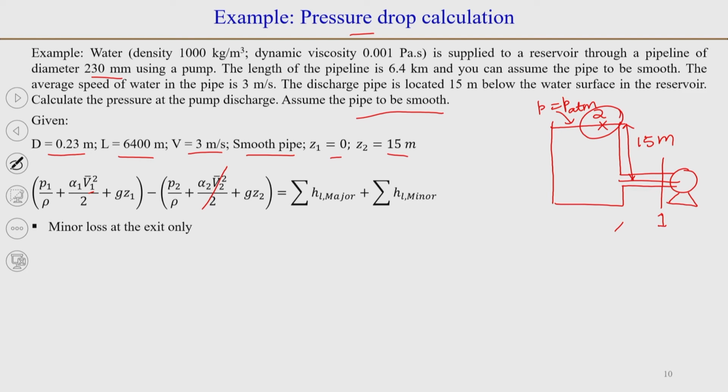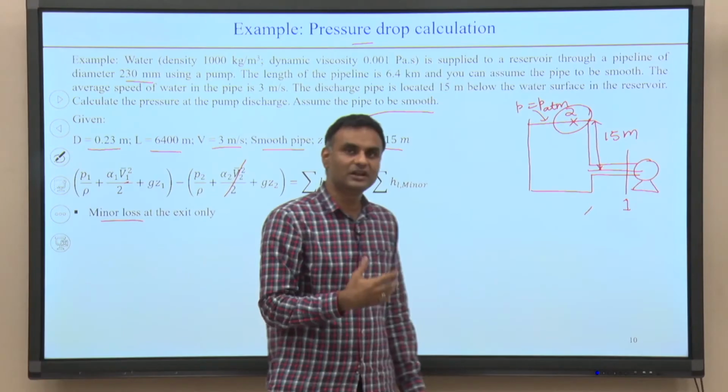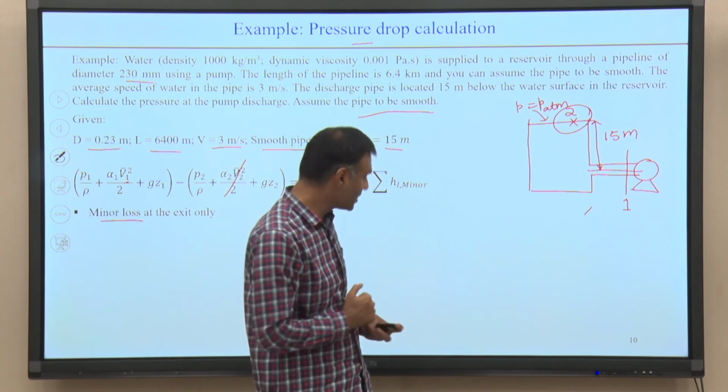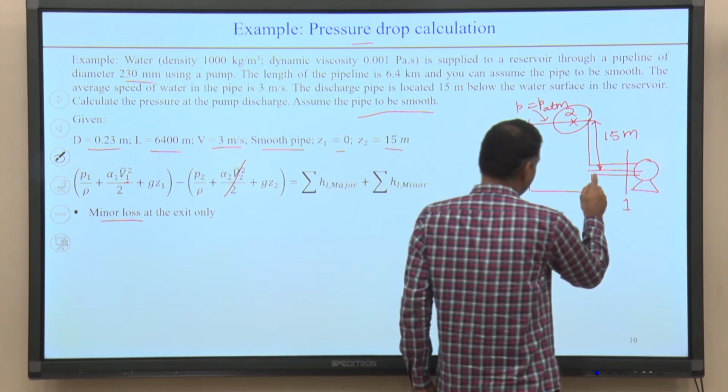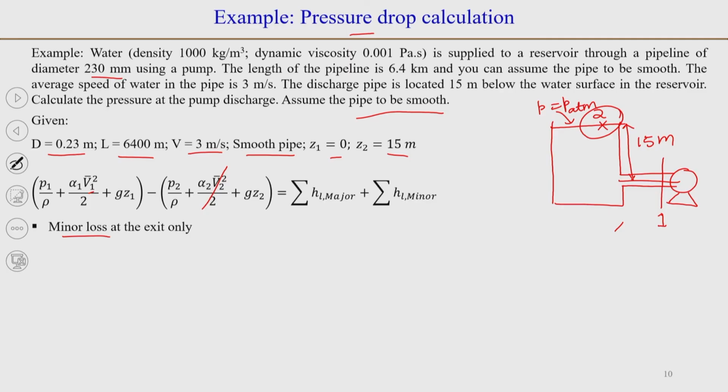Now, coming to minor losses. We have not been given explicitly that there are any minor losses, but what we learnt about the losses at the exit, we see here that there is a sudden expansion of the flow, the area is changing suddenly. So, there will be exit losses, and if you remember what we discussed, exit loss means the entire kinetic energy of the flow is being lost.